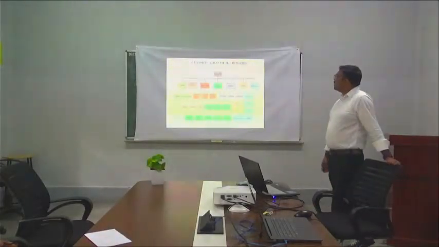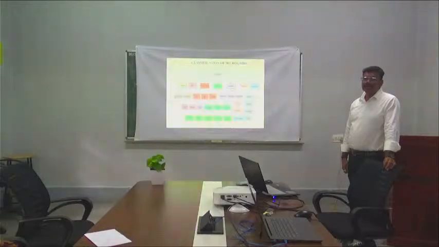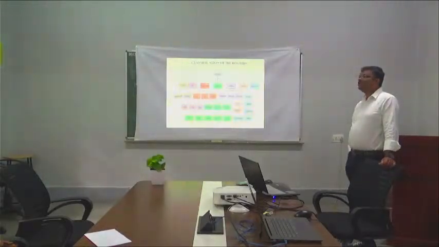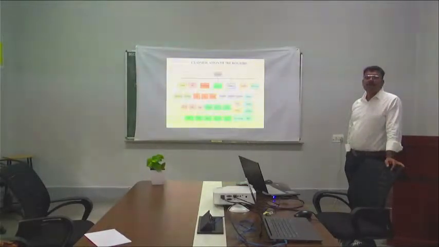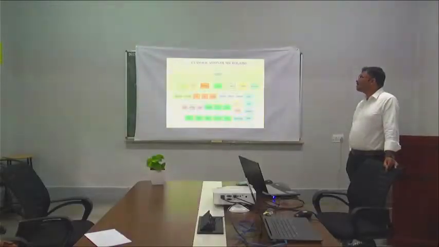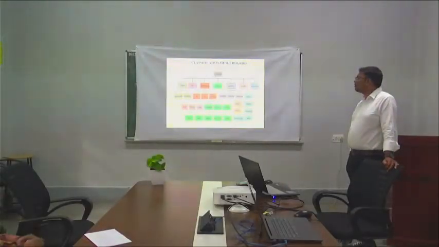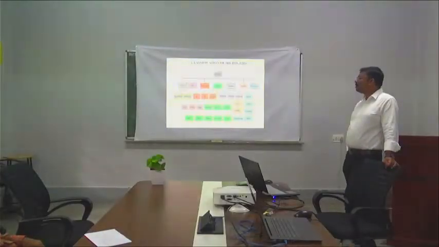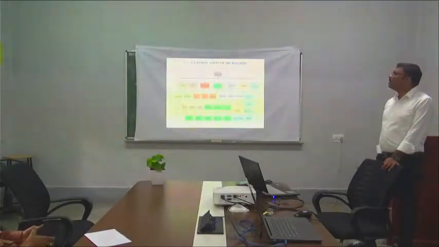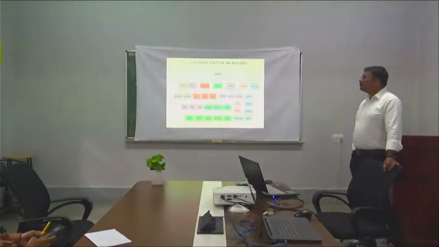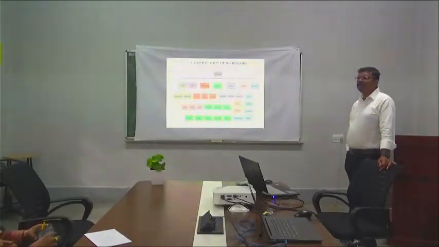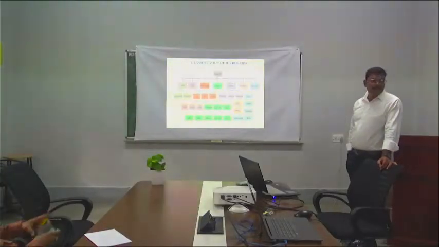Now how are these microgrids classified? These microgrids are classified based on different aspects. One is control point of view, another is size point of view, power supply point of view, source point of view, scenario point of view, location point of view, and application point of view. When you look at the control point of view, it may be a centralized or a decentralized microgrid.